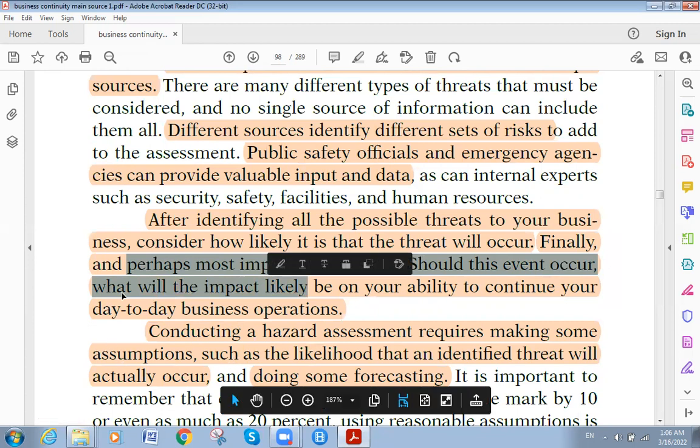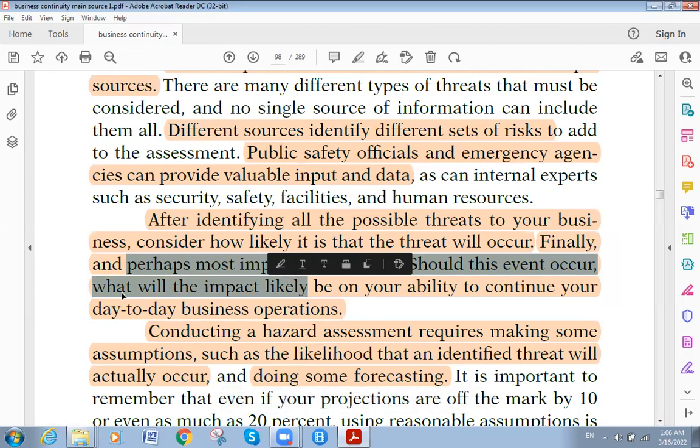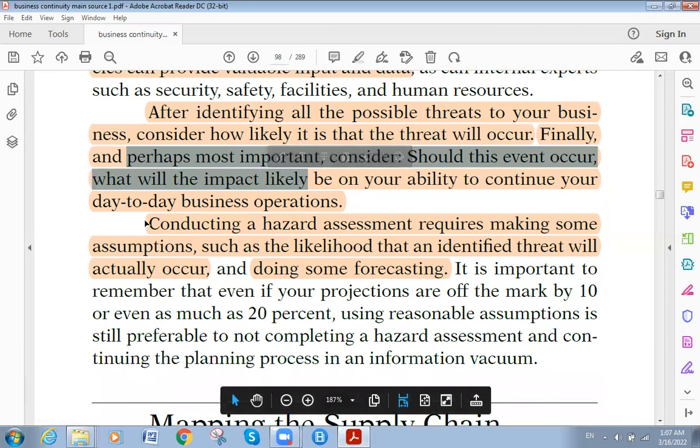If this problem happens, if this hazard or risk happens, what am I supposed to do? We call it what if analysis. What is the plan? So for that reason, we will put a plan, or continuity plan.